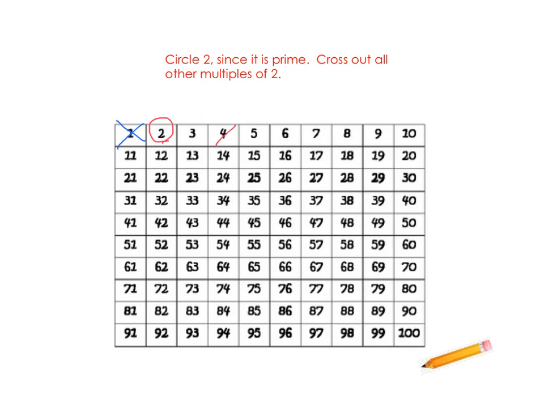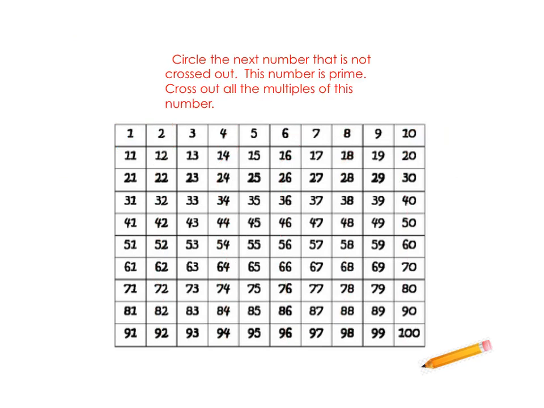So I would cross out 4, 6, 8, 10, 12, 14, 16, 18, 20, and I see myself a pattern. It's going to be all of these crossed out, all of these, all of these, and these, and these. Let's look at our next.